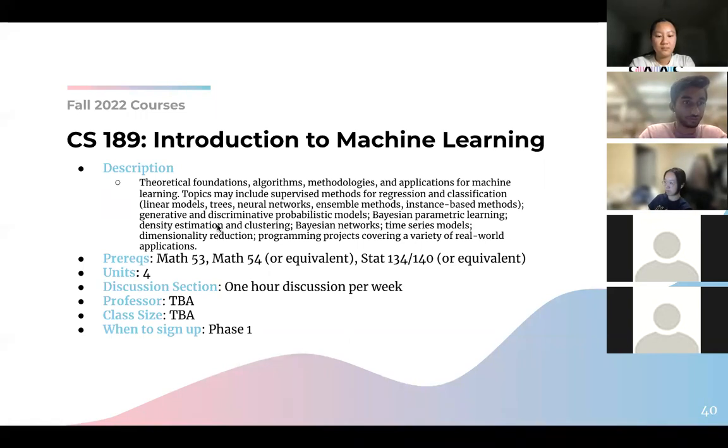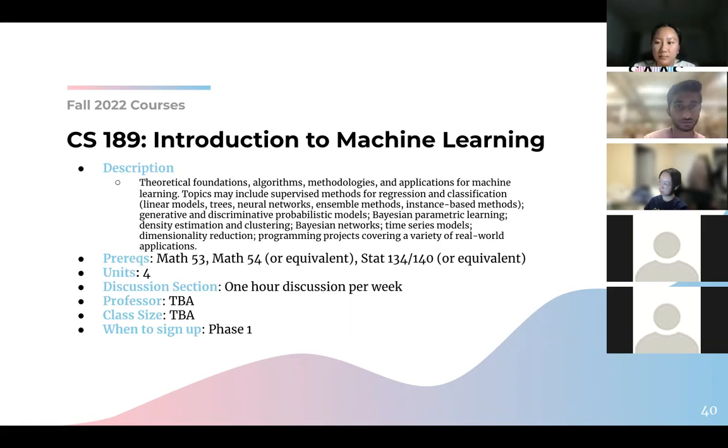You also do generative and discriminative probability methods, Bayesian parametric learning, density estimation and clustering, Bayesian networks, time series models, dimensionality. It goes over a bunch of machine learning topics in just one class. In a way, it's good and bad, because when I was taking it, we covered a lot, but we didn't go extremely deep into a lot of topics.